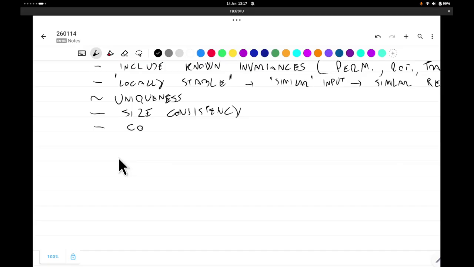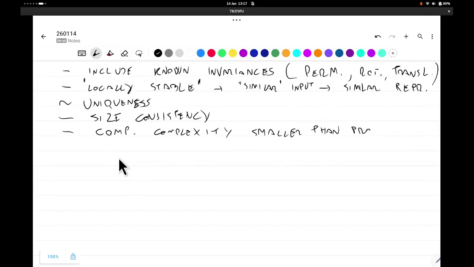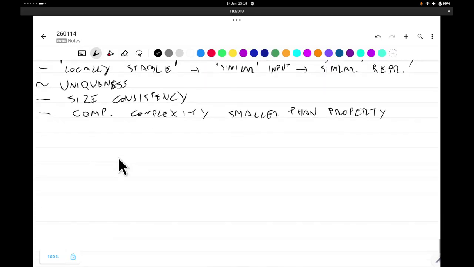And then, this is a practical requirement, computational complexity. It should be smaller than the property calculation, and then I explain what I mean. So, in general, you will have your molecules or data points represented in some convenient way, and we will do some mathematical operations on the initial representation that I get from my database in order to have my representation for my machine learning model.